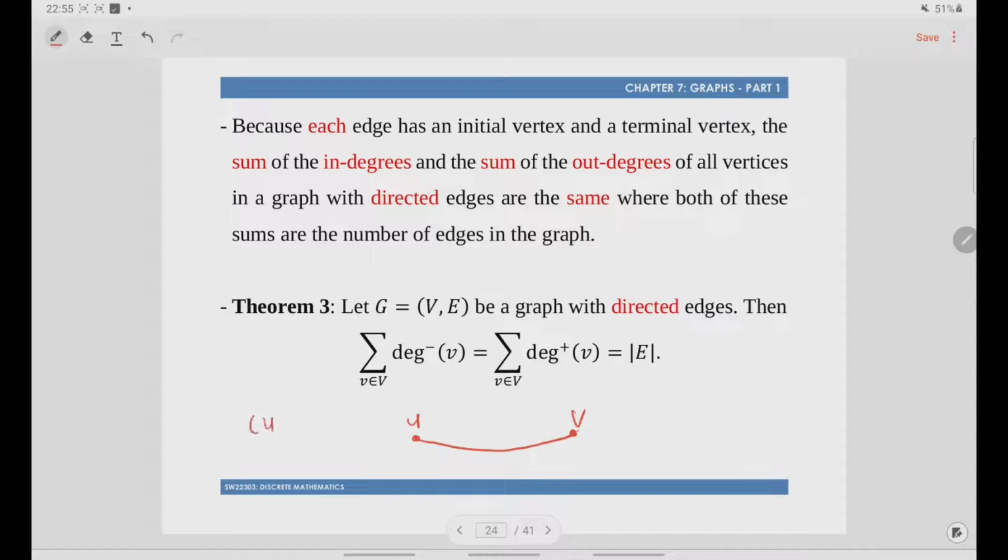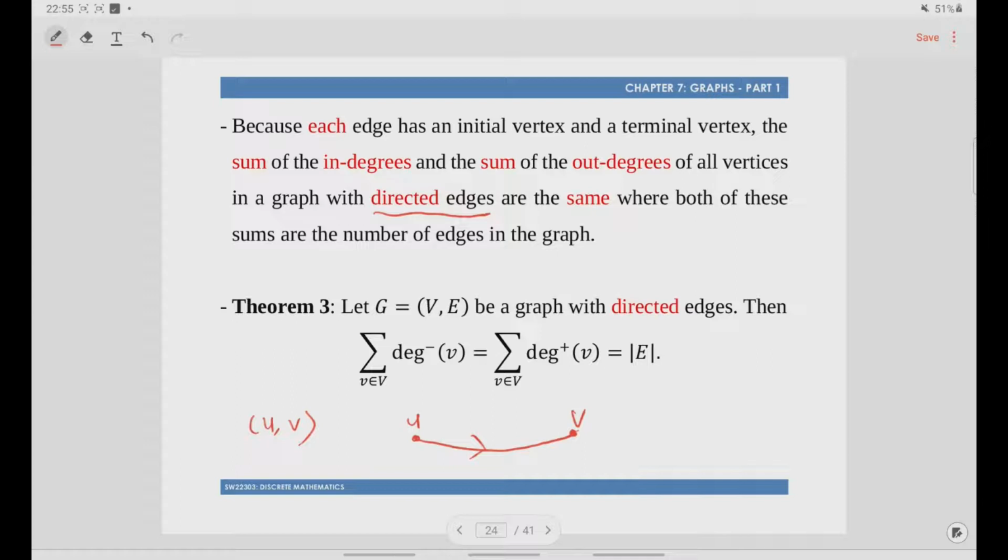This is for U and V: start from U to V. The sum of the in degrees and the sum of the out degrees of all vertices in a graph with directed edges, meaning a directed graph, are the same. Both of these sums are the number of edges in the graph, as shown in theorem number 3.